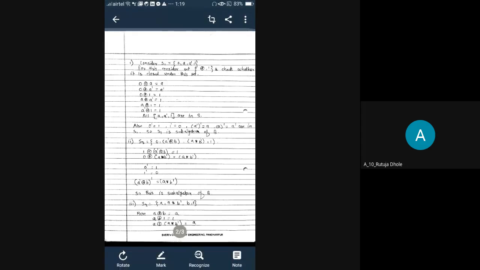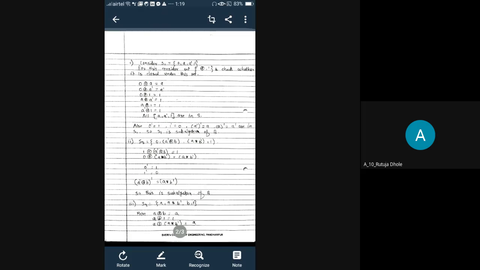So 0 XOR A. So answer for this one is A, because 0 is the lowest element and A is the highest element here. That's why 0 XOR A is A. Again 0 XOR A's complement, so answer will be A's complement. Then 0 XOR 1. So again 0 is the least element, 1 is the greatest element, so we are going to consider 1 as the answer.